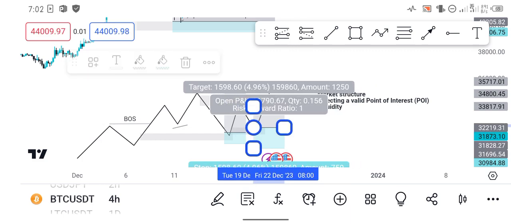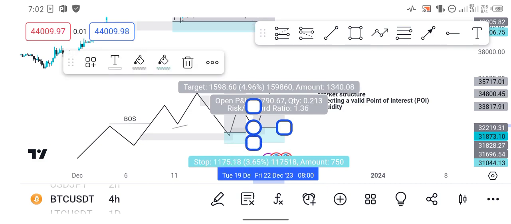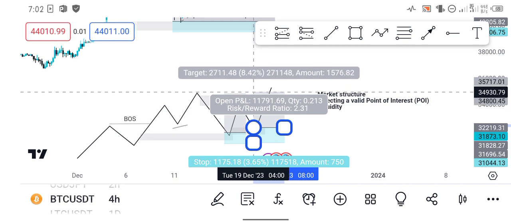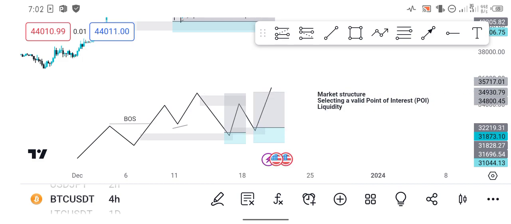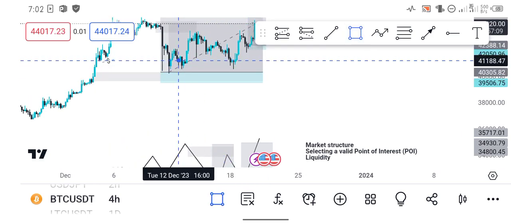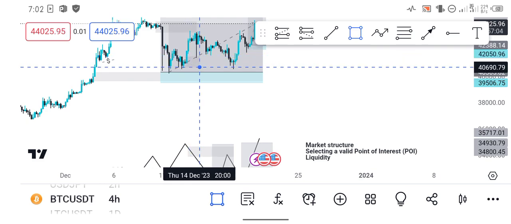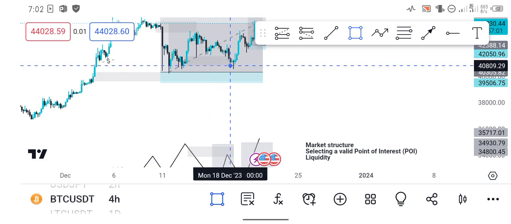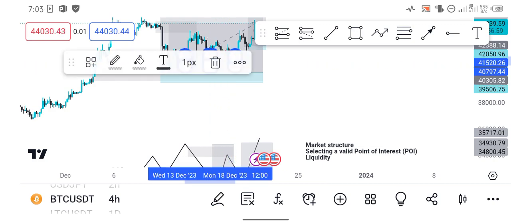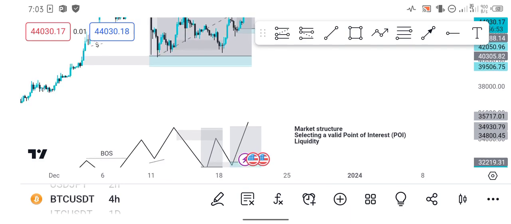Keep your stop loss far away from your point of interest. Don't be greedy, to avoid getting stopped out. Tight stop losses always come with disadvantages. This is it. Price came here, met with our order block, liquidated, came back and collected some liquidity, did whatever it wanted to do, and then boom, pushed up.